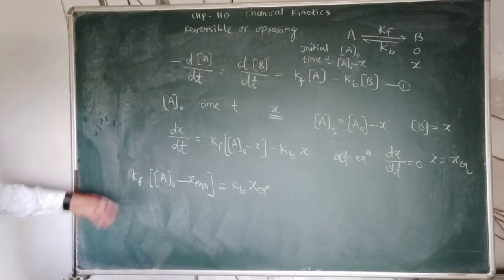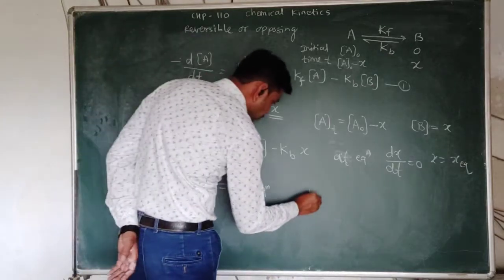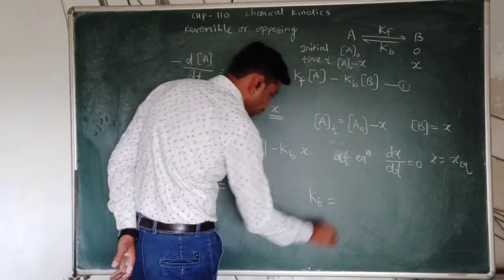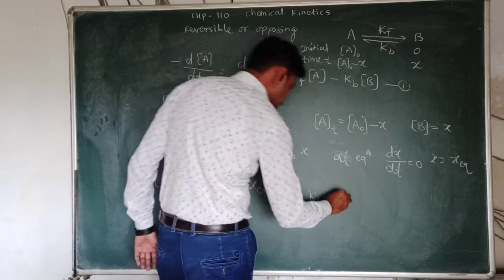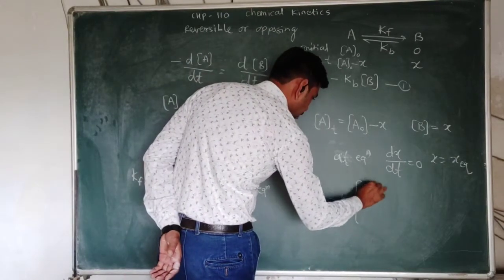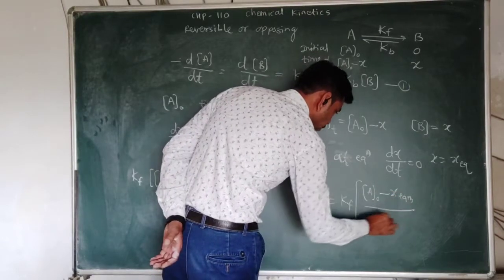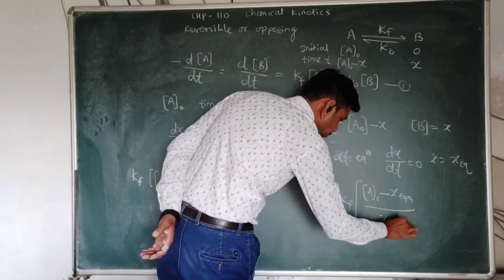So this equation can be written, and the rate constant for the backward reaction can be calculated. It is Kf into bracket A0 minus x equilibrium upon x equilibrium.